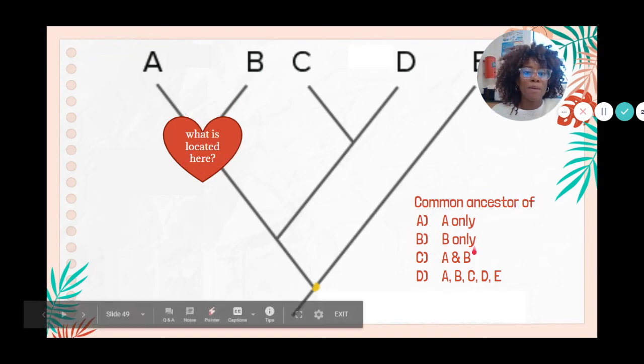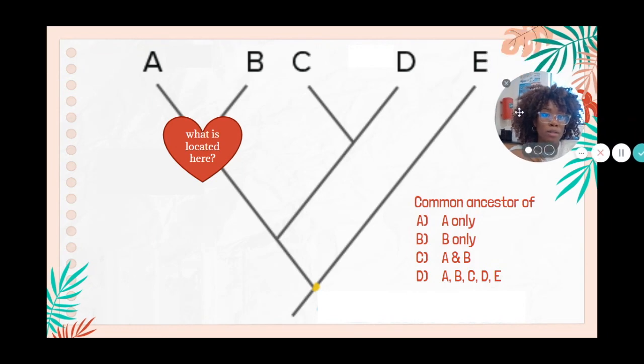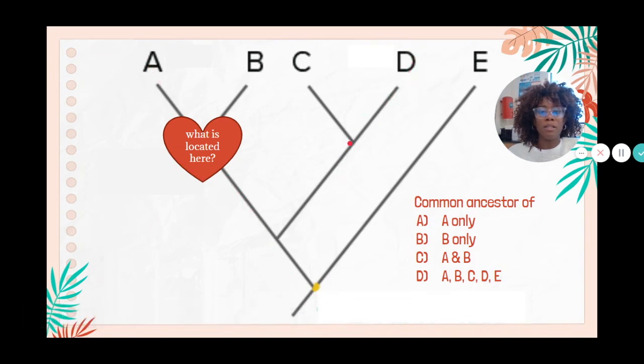Okay, let's say I'm looking for the common ancestor of A, B, C, D, and E. Then I'm going to find all of my taxa and go to their most recent node. I'll go to E, boom, right here. That's where E's most recent node is. D's most recent node is there, but does that match up with the rest of them?